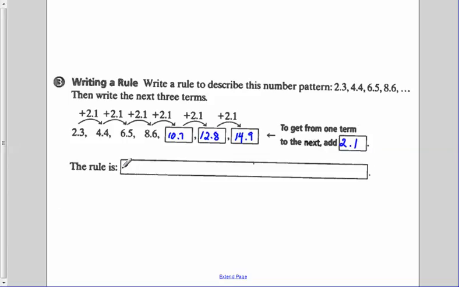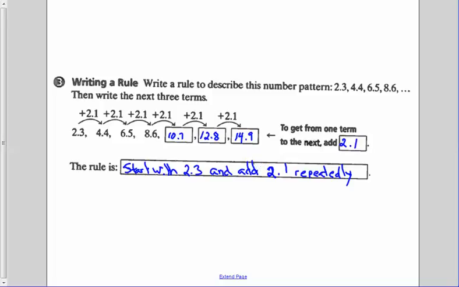I'm starting with 2.3, because that's what we're starting with. Start with 2.3 and add 2.1 repeatedly. So that would be our rule: we start with 2.3 and add 2.1 repeatedly.